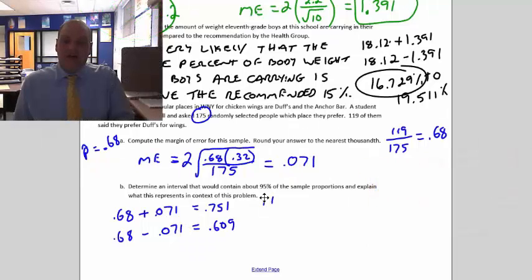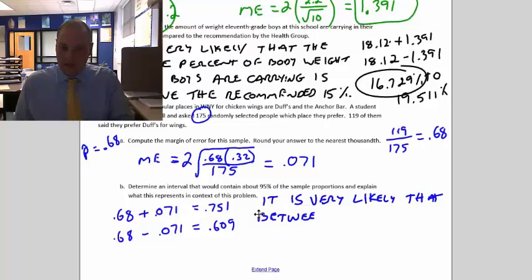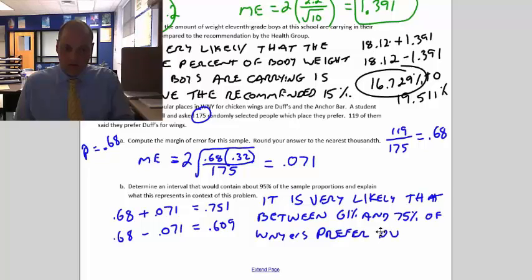All right, it is very likely, in fact, 95% likely, that between 61% and 75% of Western New Yorkers prefer Duff's to the Anchor Bar.